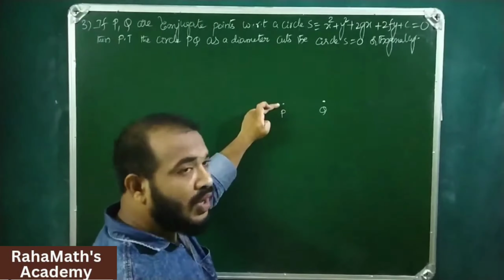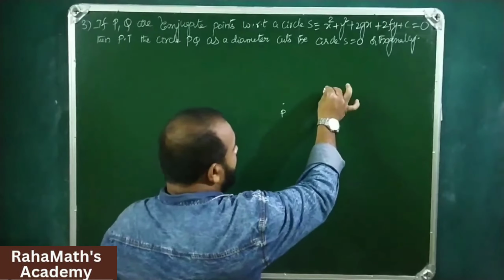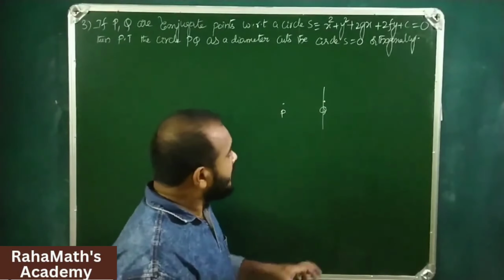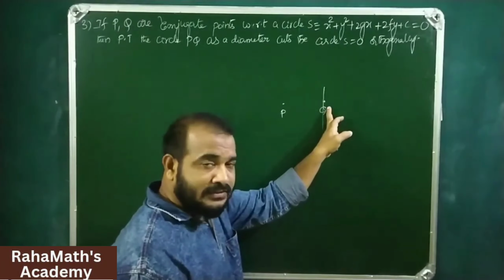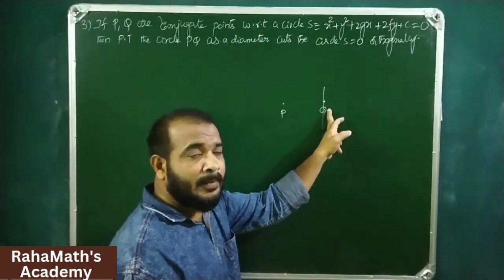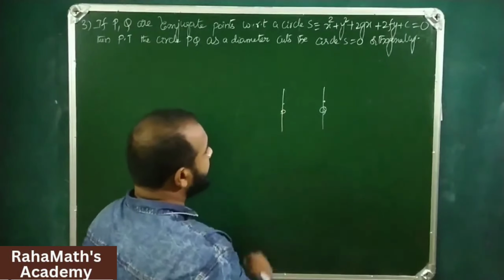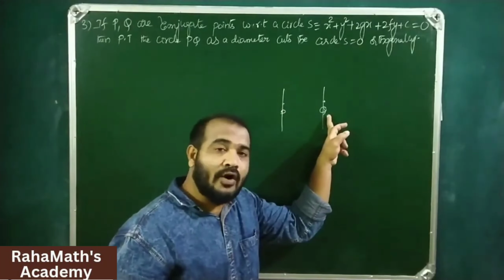It has to have a polar. That polar of P passes through Q. And Q is a point, that means it is a pole. It must have a polar. The polar of Q must pass through P. Then P and Q are said to be conjugate points.